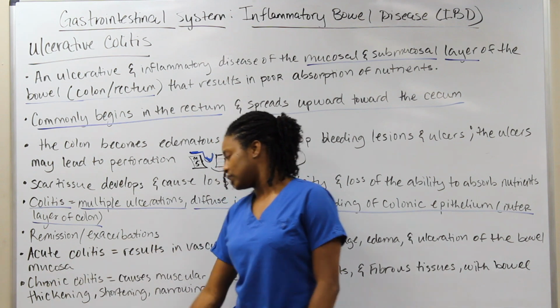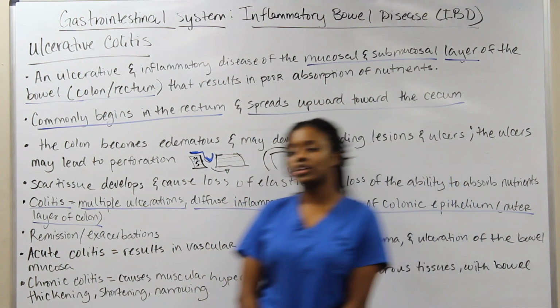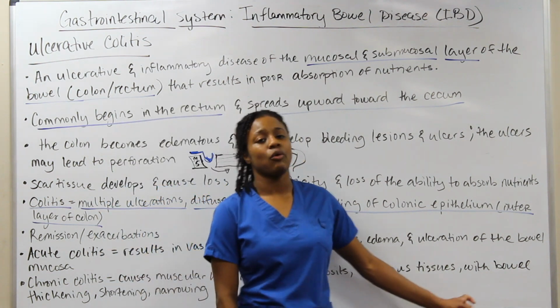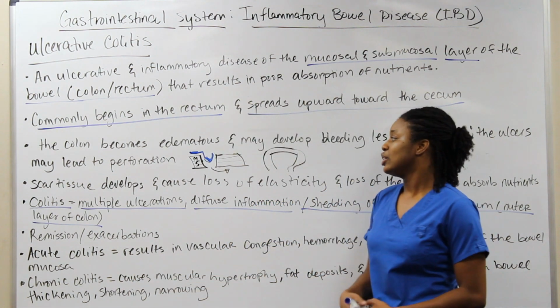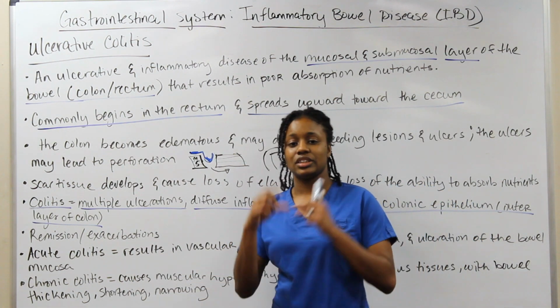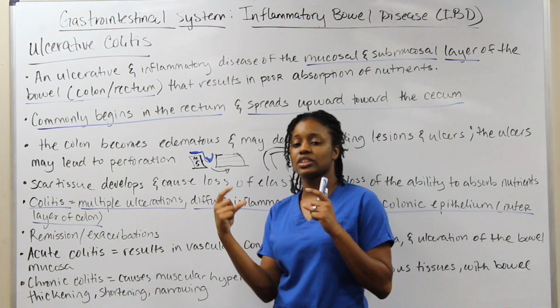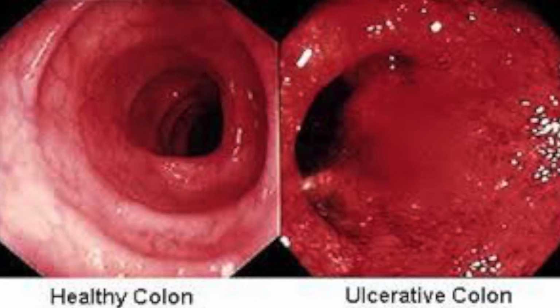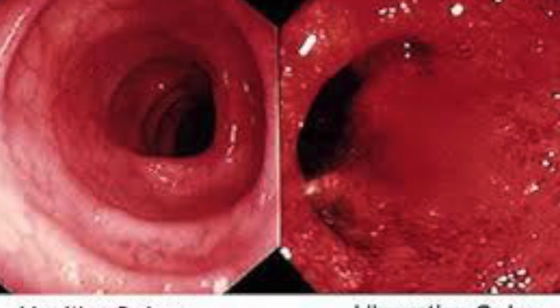And then chronic colitis causes muscular hypertrophy. You have fat deposits and fibrous tissues with bowel thickening and shortening or narrowing, okay? So the bowels are going to either thicken because of the scar tissue formation, or they may be narrow because of the scar tissue, so that passageway is no longer wide, it's now narrow.